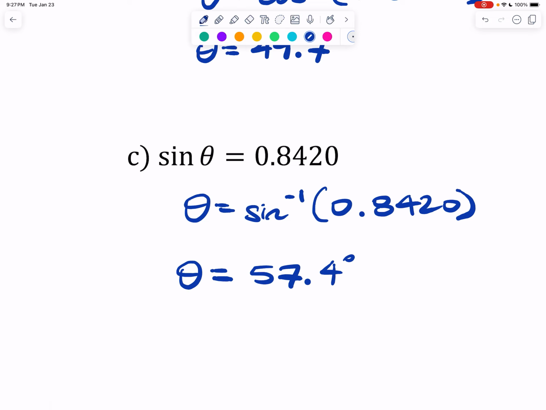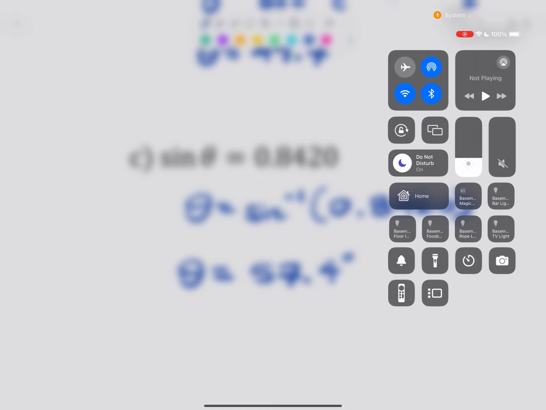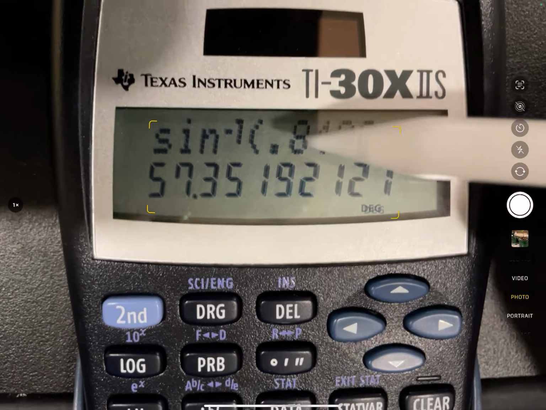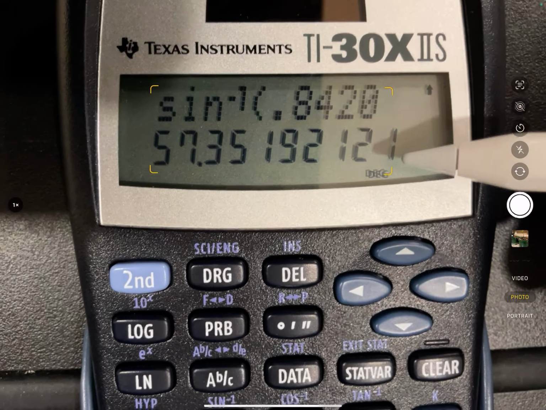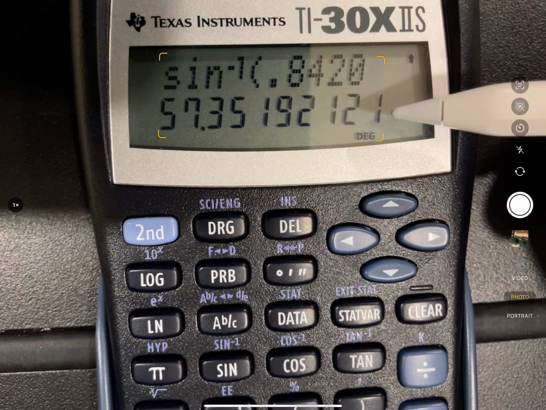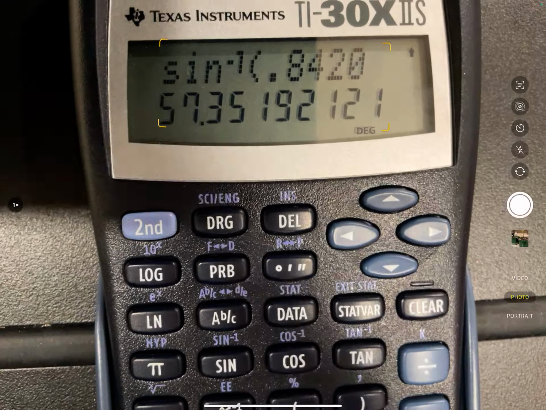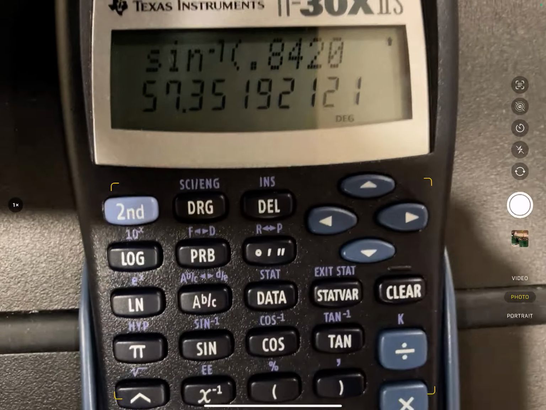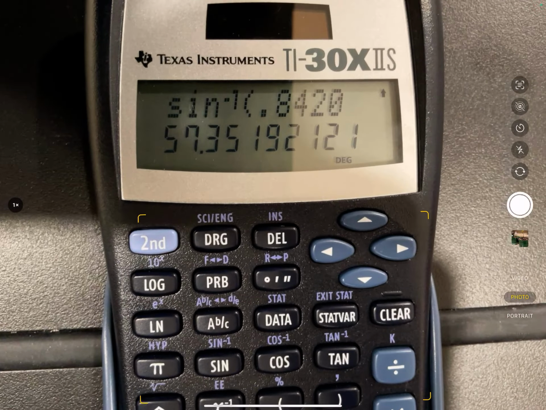I should have probably mentioned, if you aren't able to see the display on your calculator, you might have to press the buttons in a different order. When I type in sine inverse of 0.8420, I see what I typed and I see what the answer is. Having a calculator that shows you both what you typed and what the answer is is very handy. You can type things in exactly directly as we see them, and I very, very strongly recommend that you have a calculator that lets you do that.